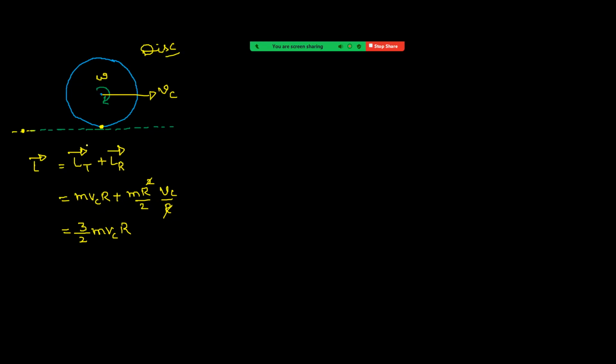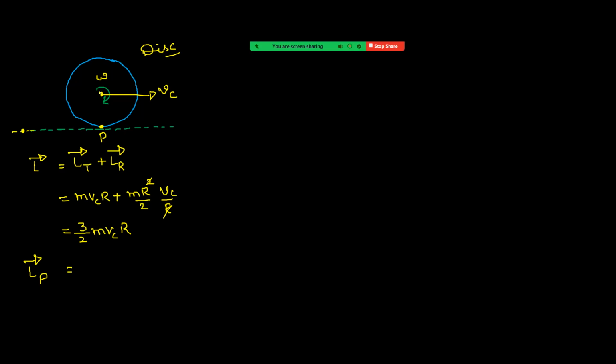Now we can take the same thing as pure rotation about this contact point with the same angular velocity. See how to write that. L bar about the point, take this point as P. We are taking this as pure rotation about point P. If you take this board plane as the XY plane and the center of the disk as origin, the axis is the Z axis.